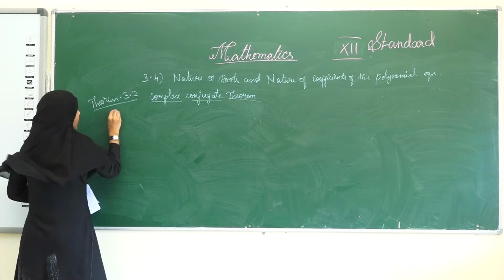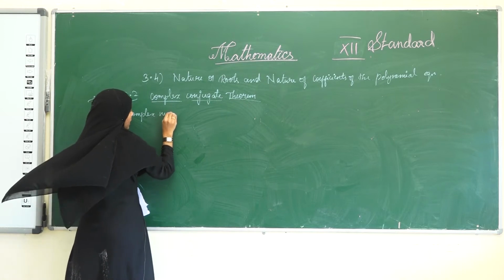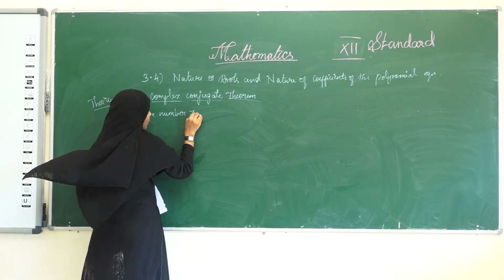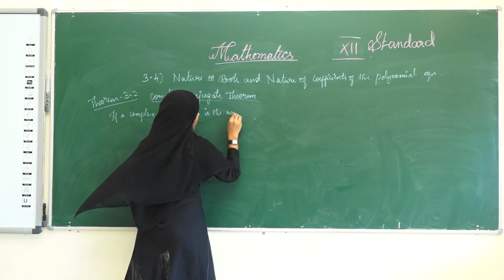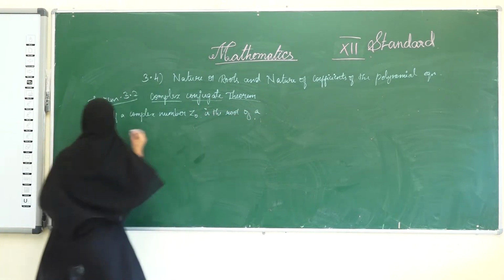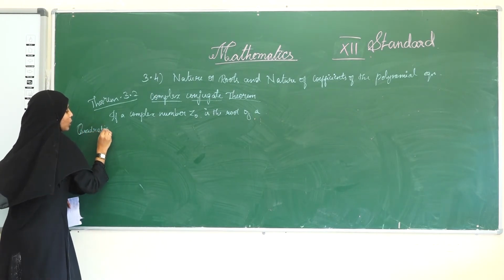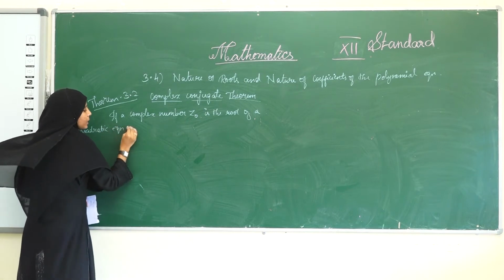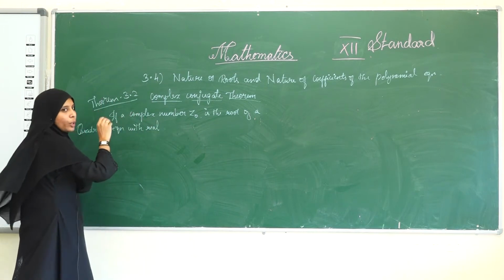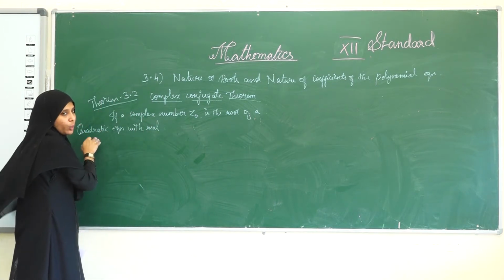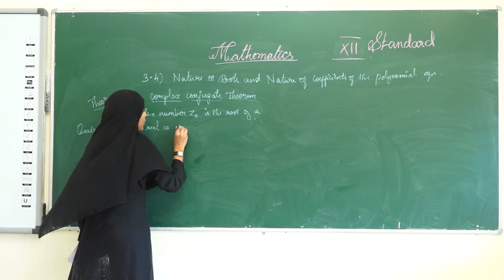It states: if a complex number z0 is a root of a quadratic equation with real coefficients. See, in this chapter the coefficients of the polynomial equation matter a lot. So this is an important point, with real coefficients.